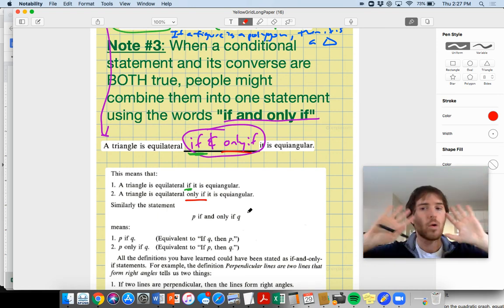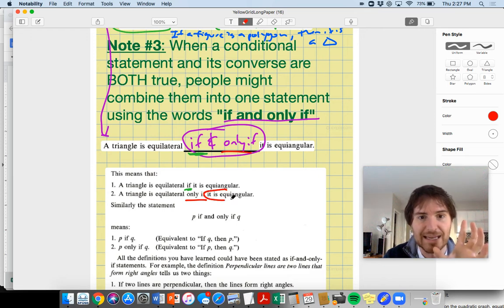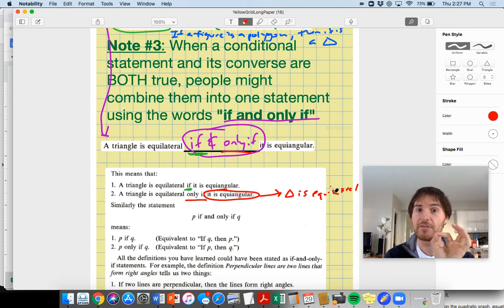So only if that triangle is equiangular will it be equilateral. That's how you can think of only if right here. It's saying only if it is equiangular, then we can establish that the triangle is equilateral.